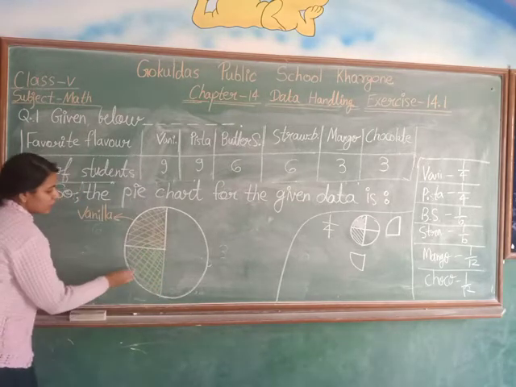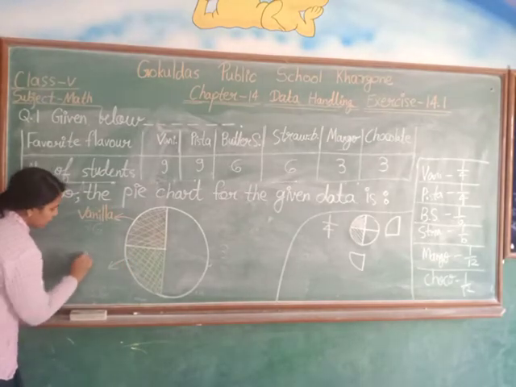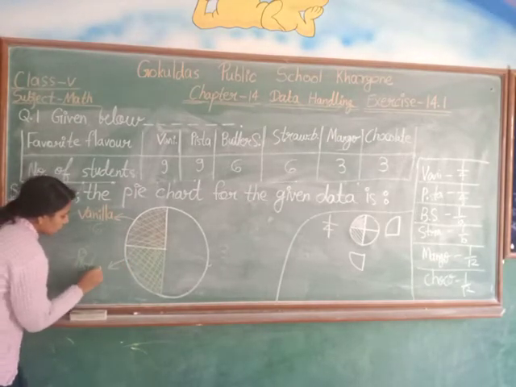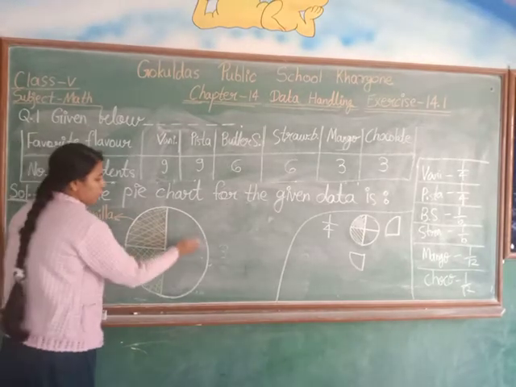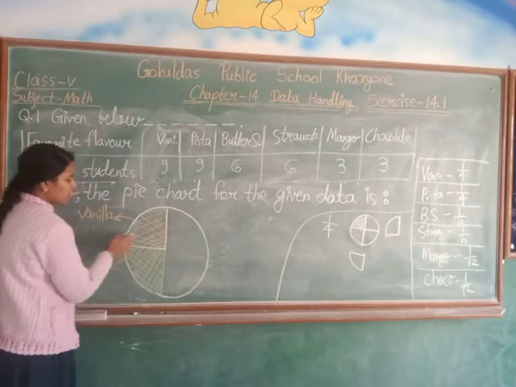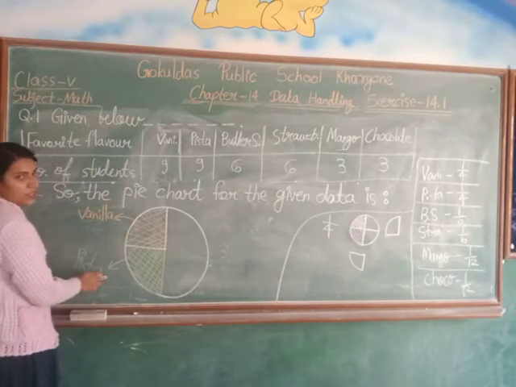You can use different color pens. So this part is showing which flavor? It is showing pista flavor. Out of the total, 1/4 is showing vanilla and 1/4 is showing pista.